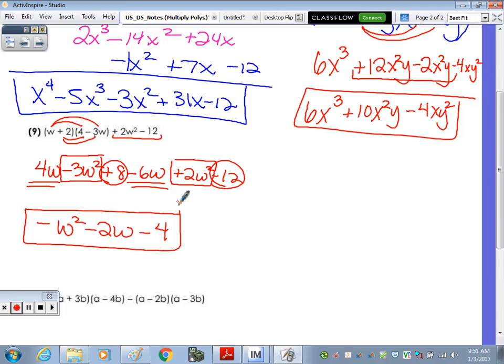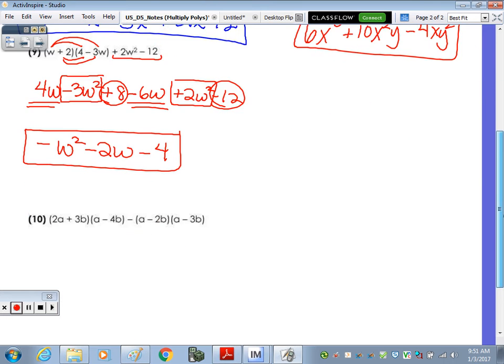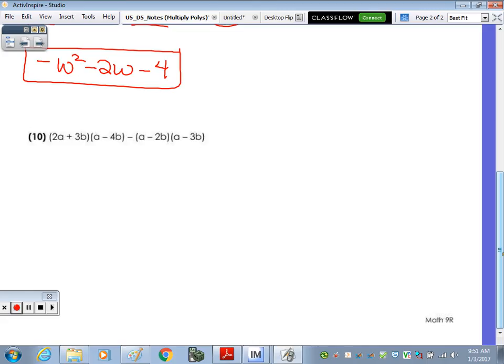Let's break up the work in the last one, with it being our first day back. We're going to split it up between the room. In number 10, we have to take this product, and from that product, we subtract this product. So the multiplication comes first, just like in your order of operations.